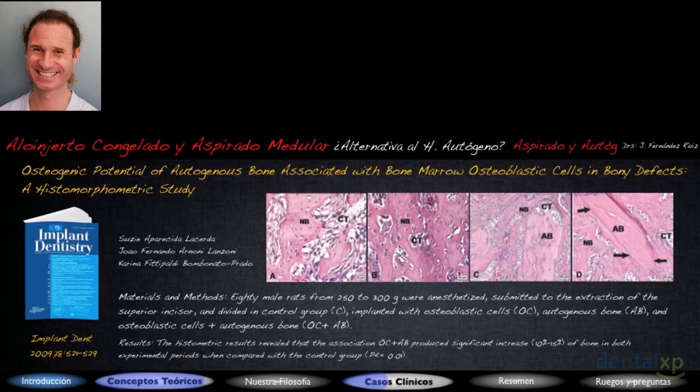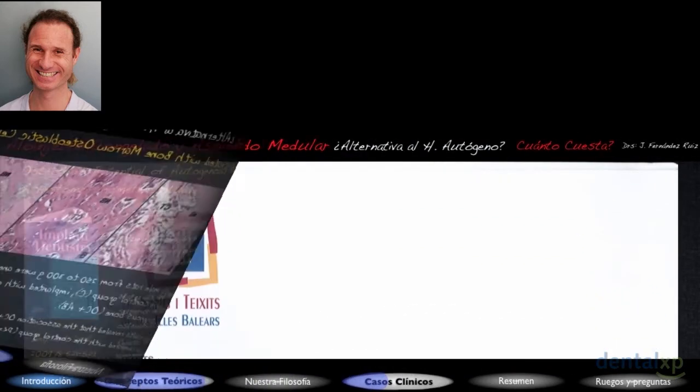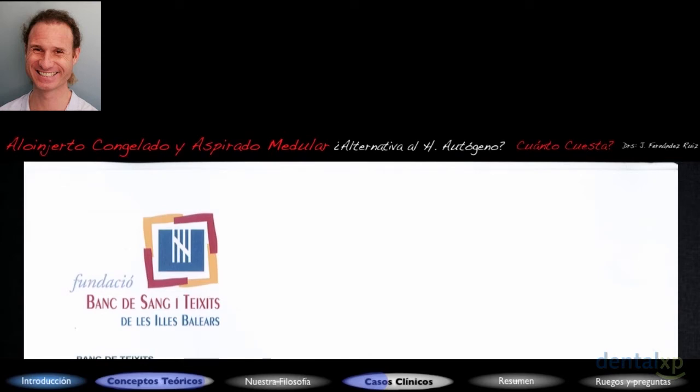And the last point, I think, to consider will be the economical aspect of the graft. If we evaluate the different techniques or possibilities of bone graft techniques that we have, we will see that the autogenous bone graft has a much lower price.